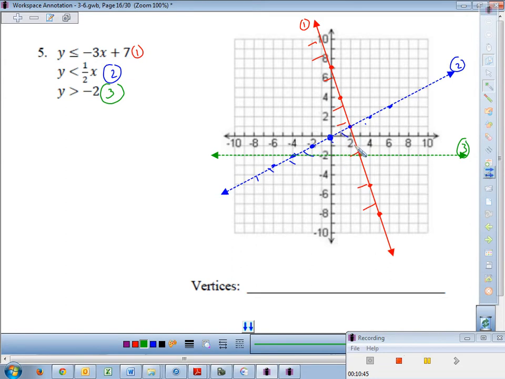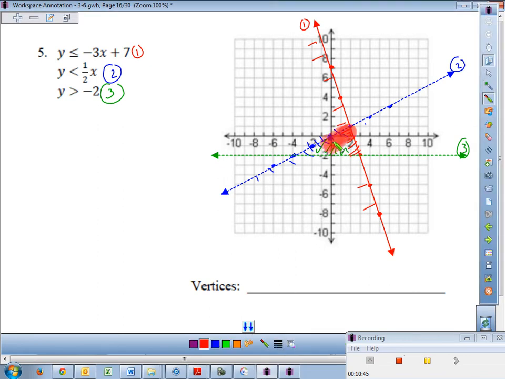Do you see how that forces all of our shading? We had to be in this region red, in this region blue, and above it here in green, isn't this little triangular spot right here where all our solutions are? So if you try to not highlight it a million times with a highlighter, but just once, that region is where all our solutions are, and it formed a polygon.